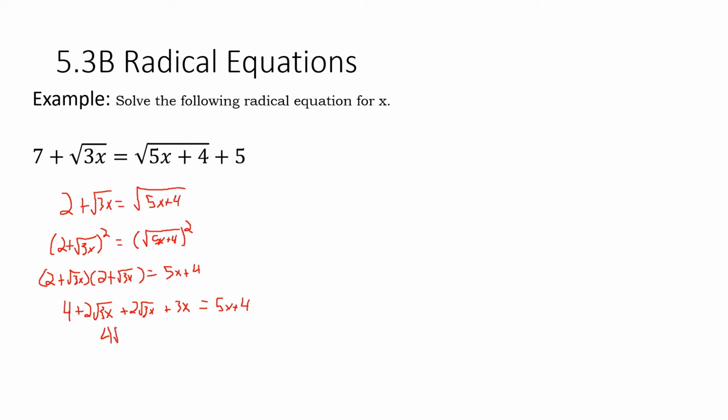So 2 root 3x plus 2 root 3x is 4 root 3x. And then we still have the plus 3x equals 5x, and we subtracted 4 from both sides, so those cancel out. Let's bring the 3x over here by subtracting 3x from both sides, and we'll have 4 root 3x equals 2x.